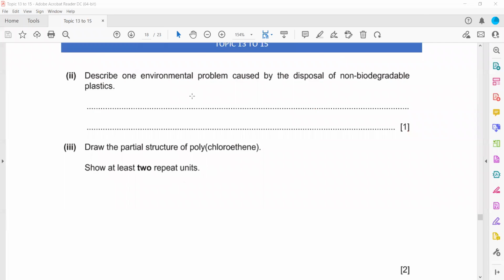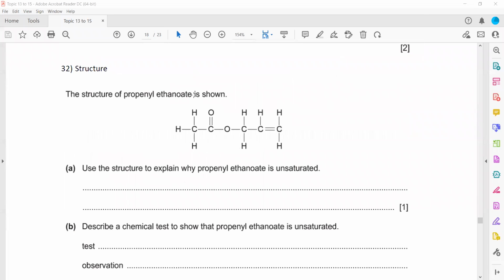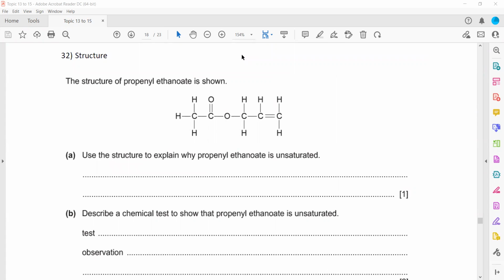Then in question 32, the structure of propenyl ethanoate is there. Use the structure to explain why propenyl ethanoate is unsaturated, because it contains a carbon-carbon double bond. What is the test to check the presence of unsaturation?